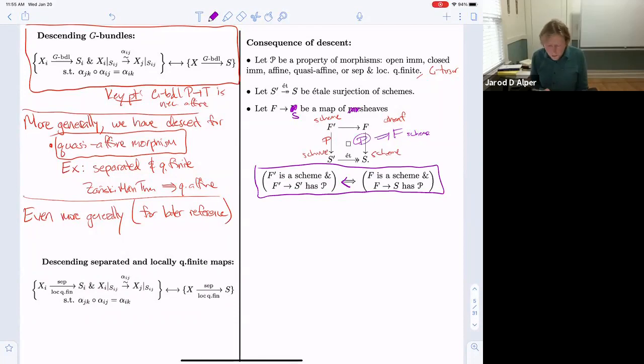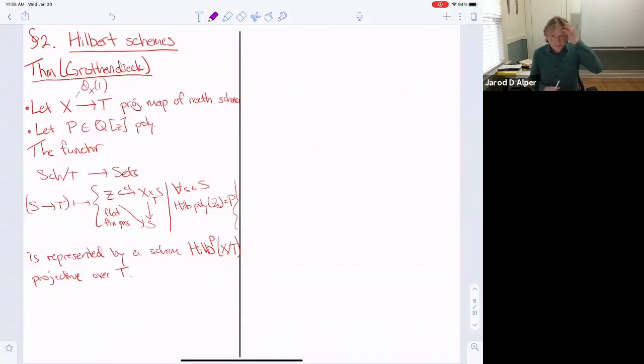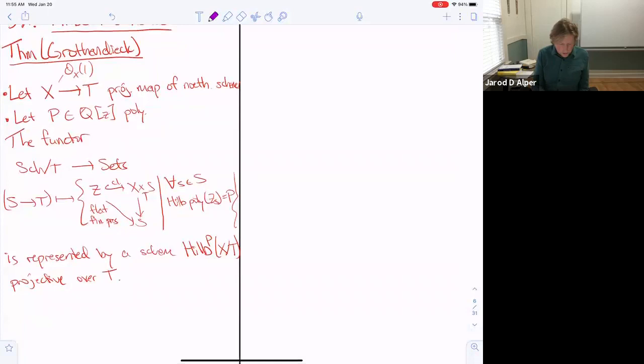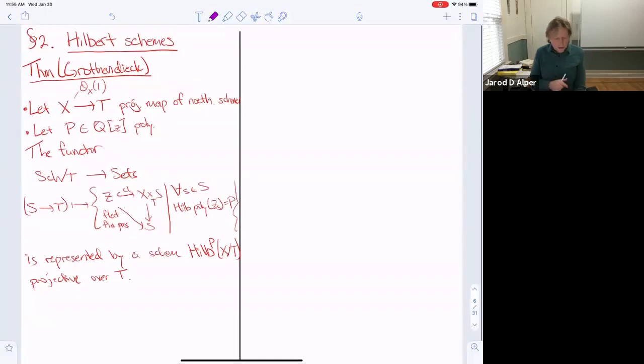And I'm going to remind you of one more background statement that will also come up today, and that's the notion of Hilbert schemes. I'll just remind you of the main statement. Let me walk you through this.